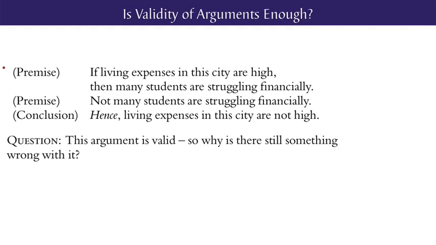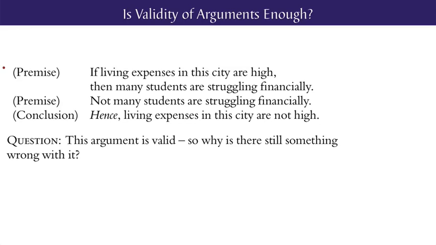And in any city with high cost living expenses, it will also be false that not many students are struggling financially. So then the second premise would also be false.